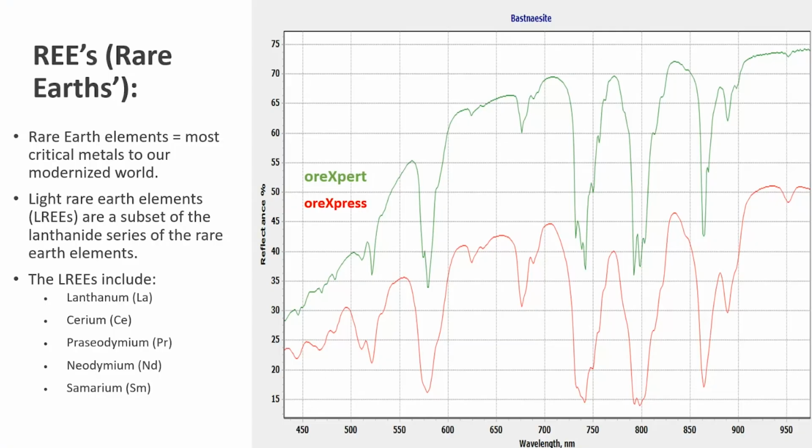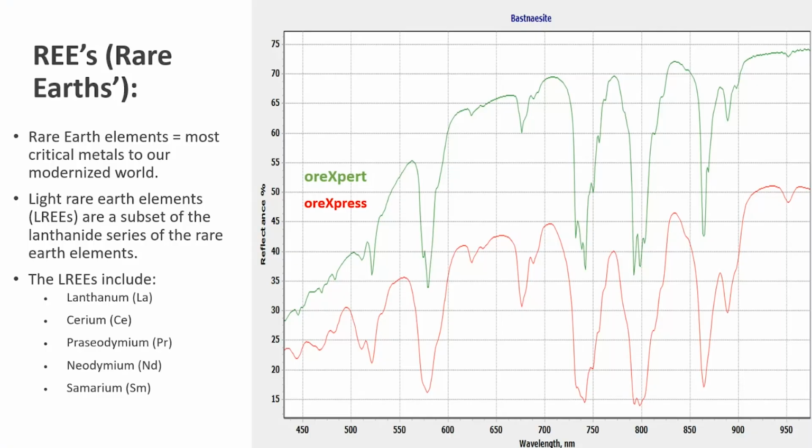These are part of the lanthanide series, and they play a major role in modern technology. So rare earth elements often have these sharp features that distinguish them from one another. So the high resolution instruments perform significantly better for differentiating these rare earth elements.